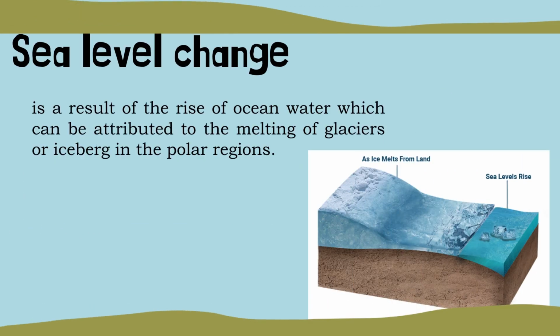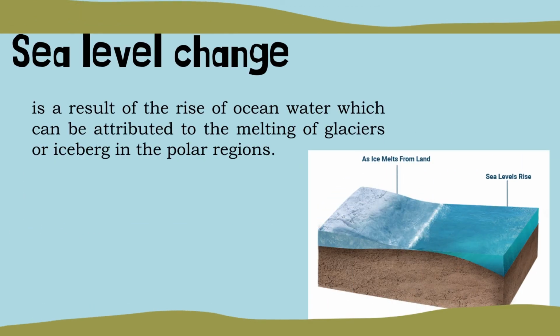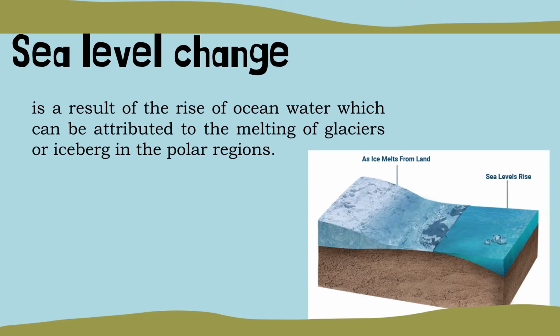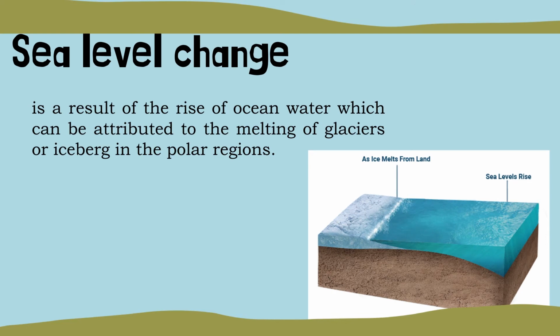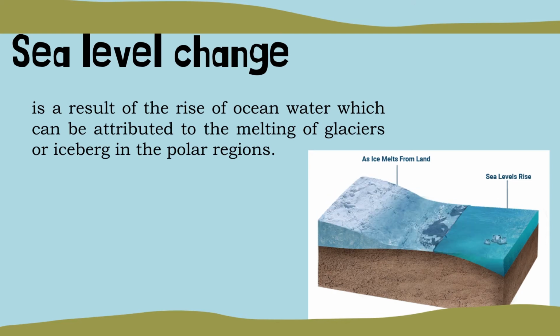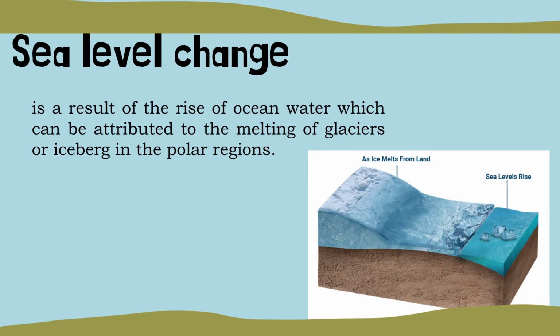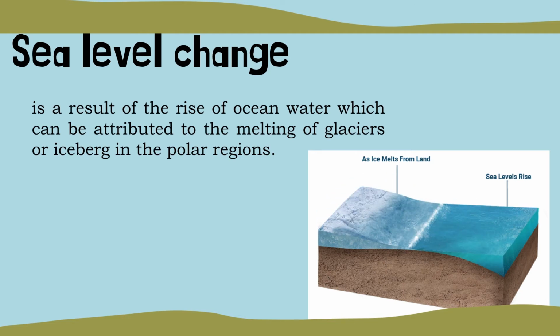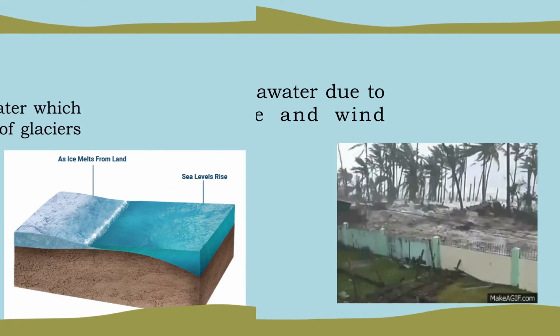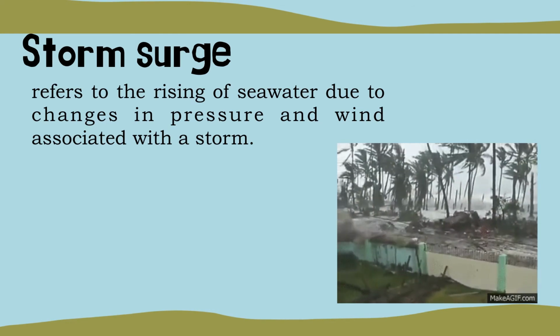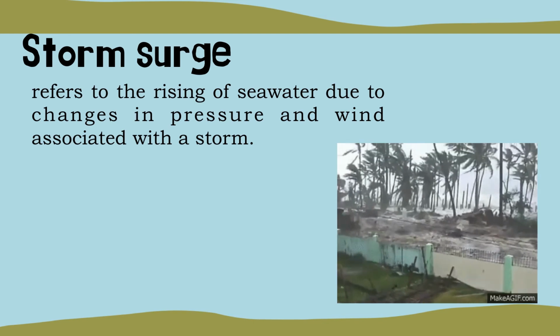Another is sea level change. It is a result of the rise of ocean water, which can be attributed to the melting of glaciers or iceberg in the polar regions. And we have another, which is the storm surge.